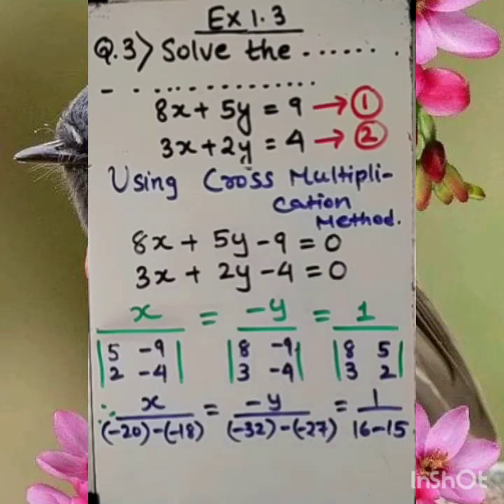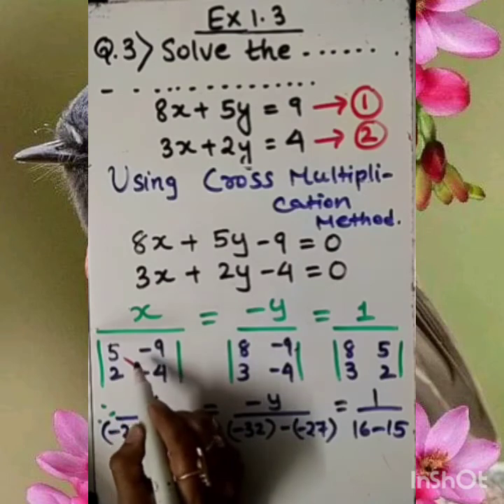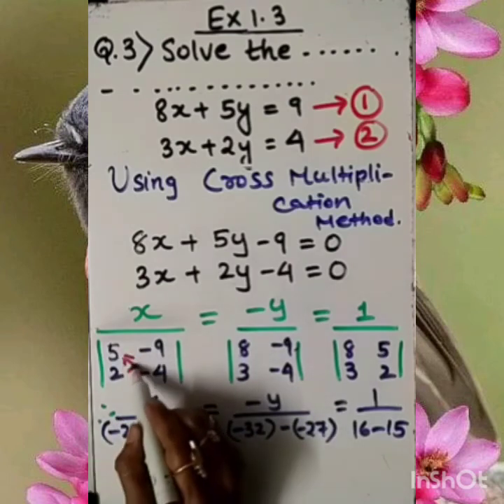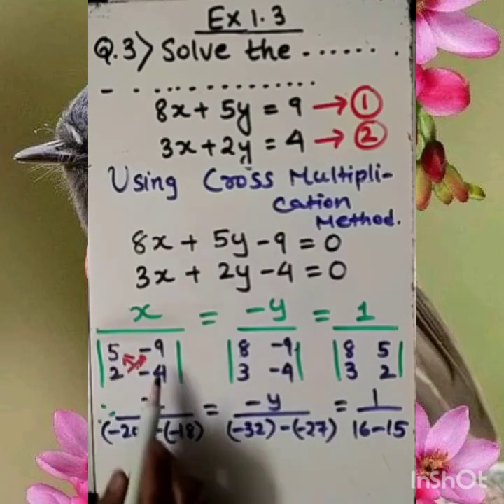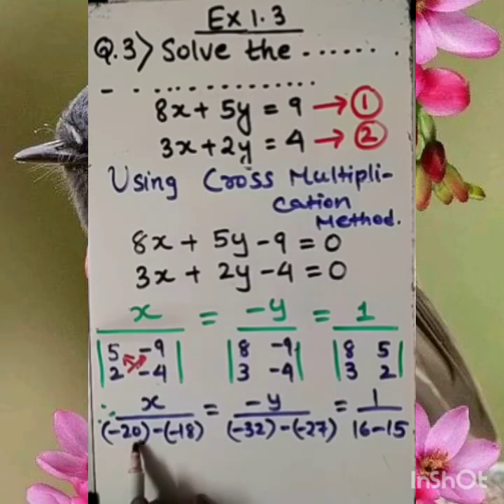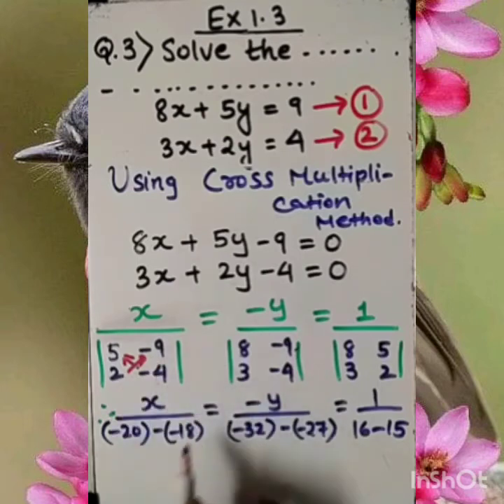Once again I am explaining how we are doing this in the cross multiplication method. We need to multiply oppositely, cross this with this. So 5 fours are 20 along with the sign, minus 20. As we know, here we need to write minus 2 nines are 18, so minus 18 in bracket.